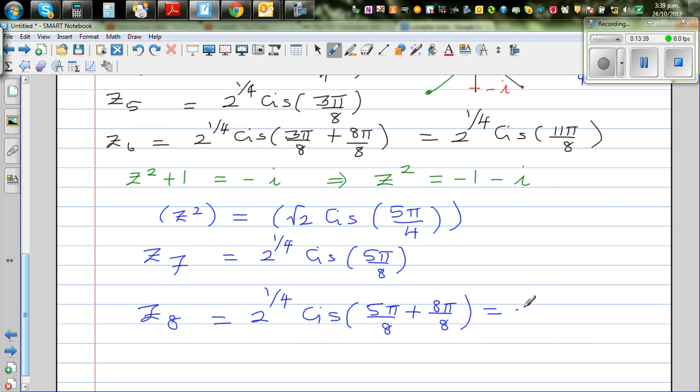That gives 2 raised to 1/4 cis 13 pi by 8, which is the same as 2 raised to 1/4 cis minus 3 pi by 8.